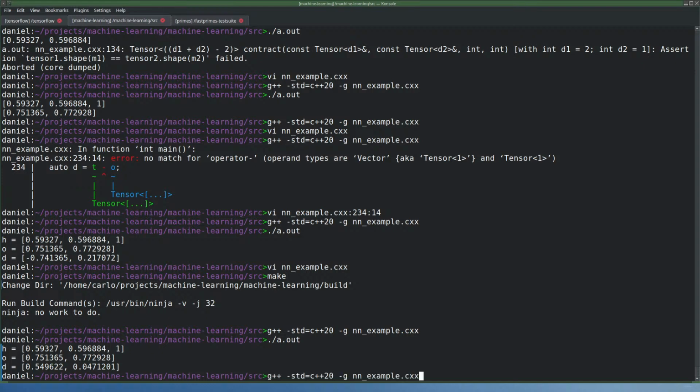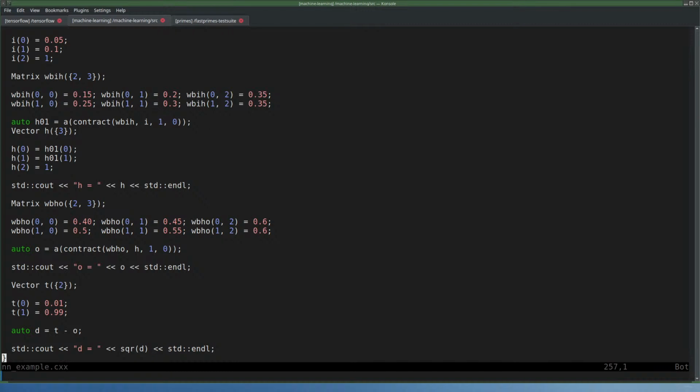Then we need something to add that together. And that's a loss function.